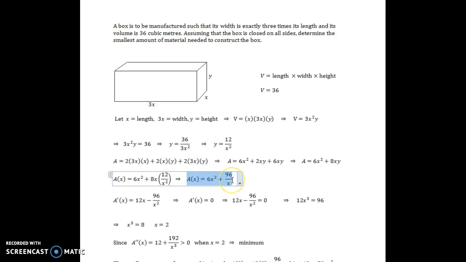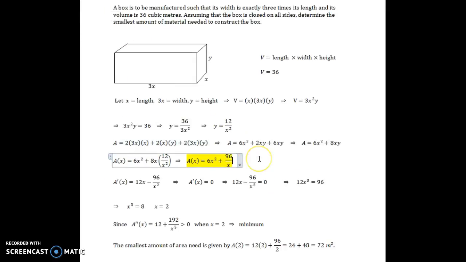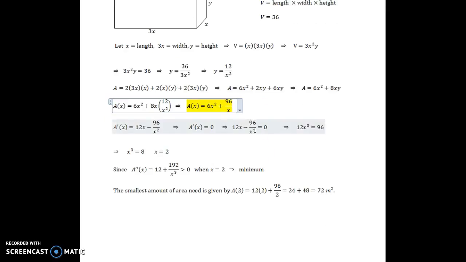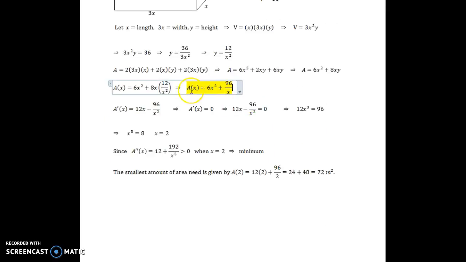With all optimization functions, you differentiate with respect to x, so dA/dx, A prime. Of course, the derivative of 6x squared is 12x, and the derivative of 96 over x is negative 96 over x squared.